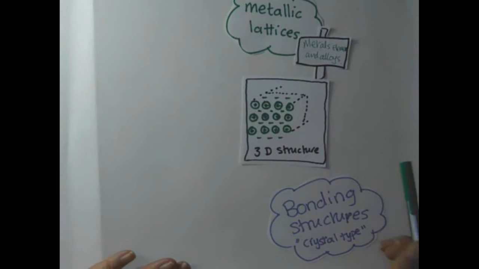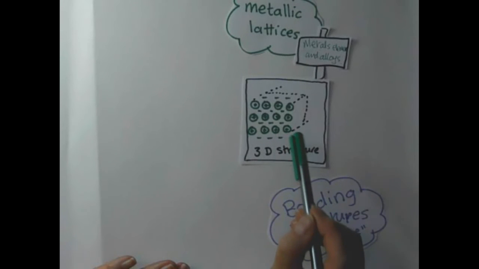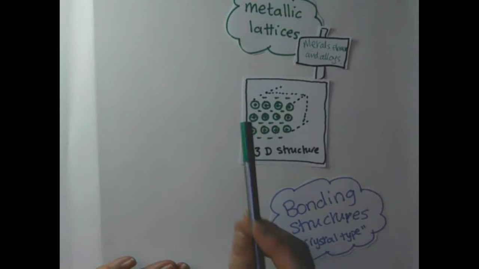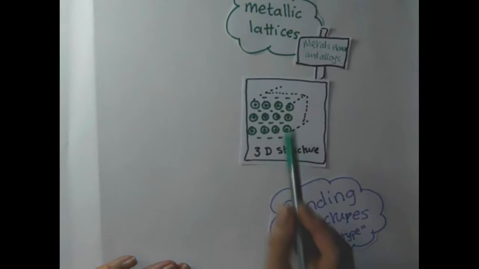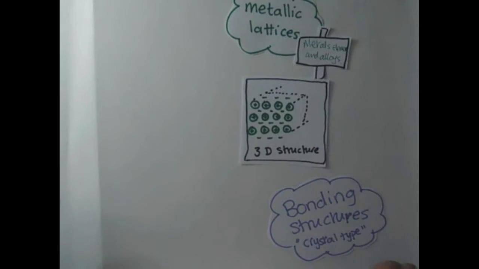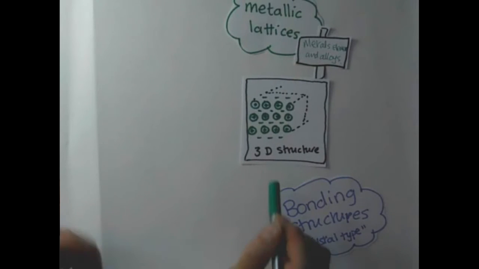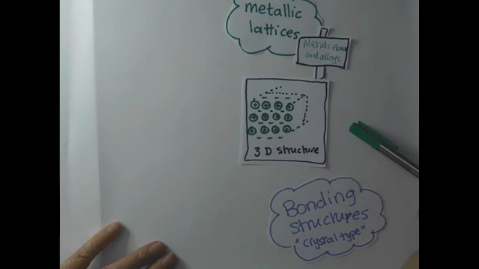Now, one of the things with AQA is we don't look at how these metal ions are arranged. I've just shown them uniformly in rows and columns, but we can get a slightly better space-saving arrangement of these ions, which we don't study at AQA. We can look at face-centred cubic crystal structures or body-centred cubic crystal structures, and this is something you could pick up from the interweb, from YouTube.